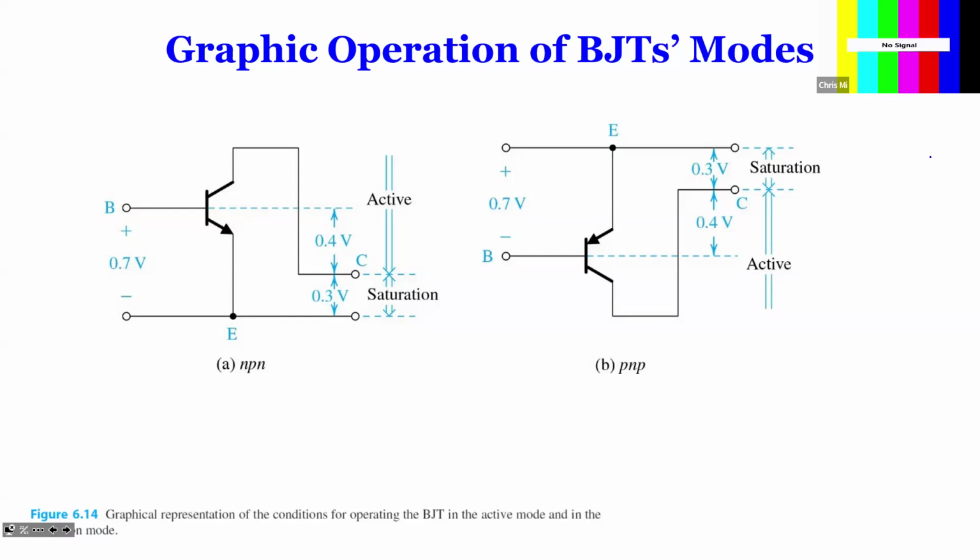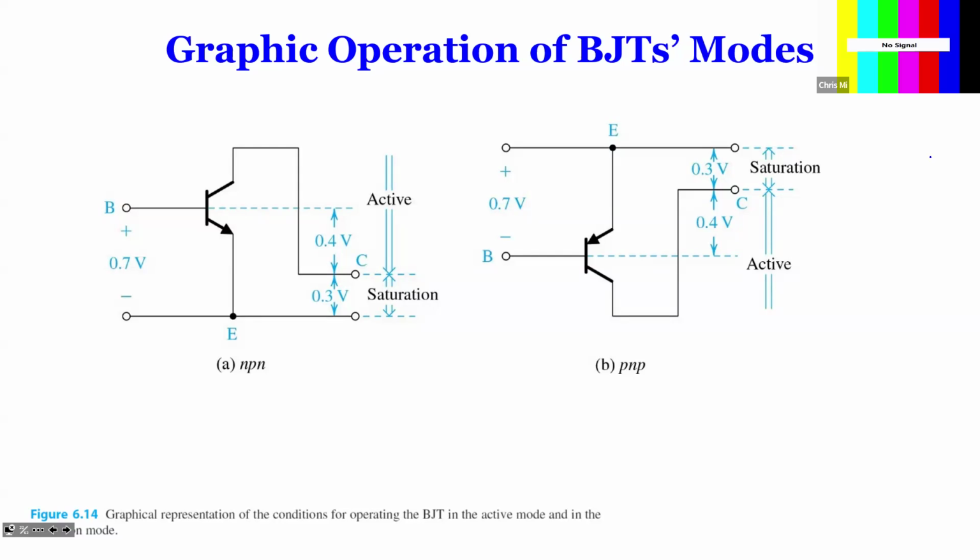So here, we also have a similar graphical illustration, and this is actually very useful. Just looking at a diode at the base, your diode is 0.7. So for the circuit to work, either in saturation or active mode, the diode has to have 0.7 volts. So VBE has to be 0.7 volts for this one. Of course, for that one, VEB has to be 0.7.